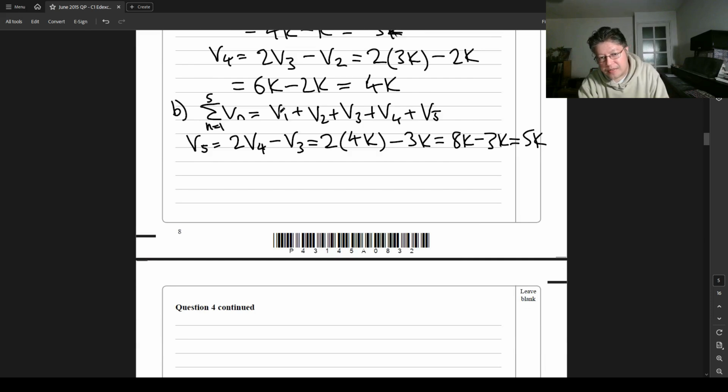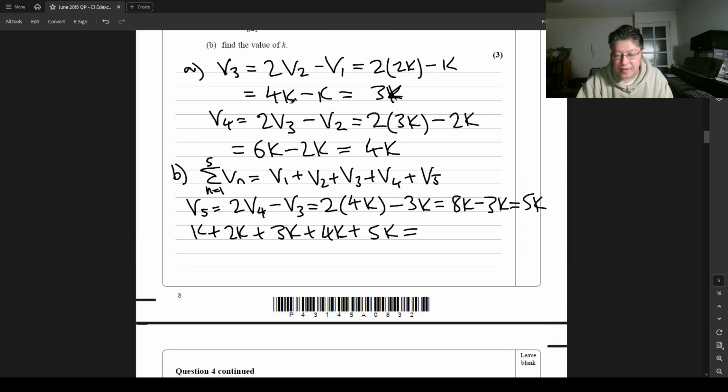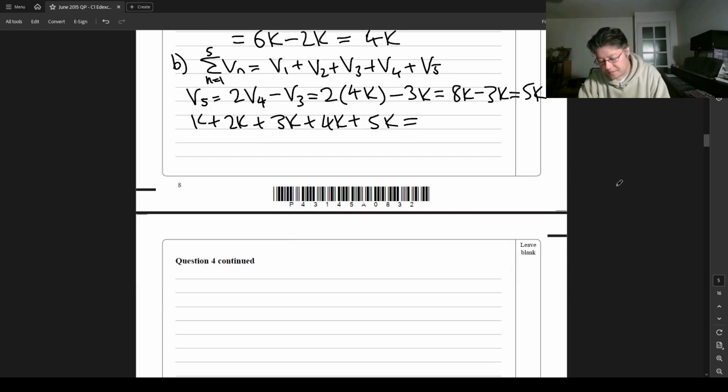So v1 is k, so it's going to be k plus 2k plus 3k plus 4k plus 5k, that's v5, and this all equals 165. Okay, so now we can simplify this.